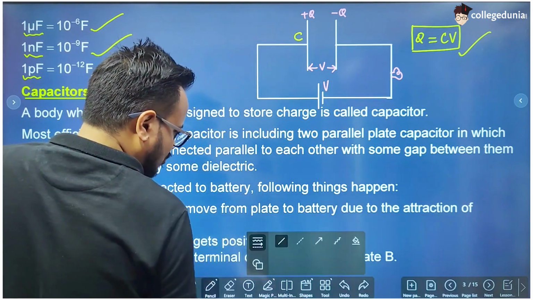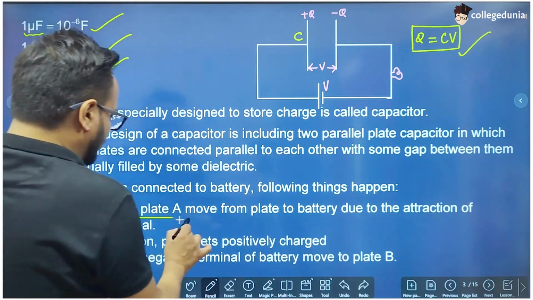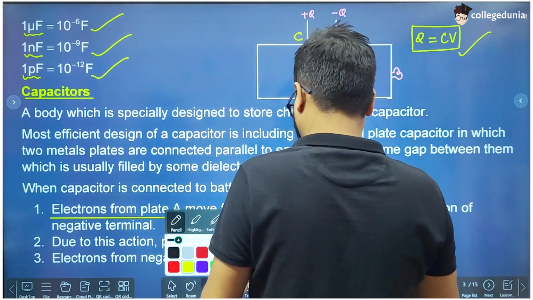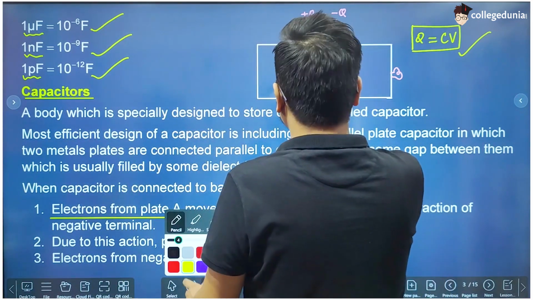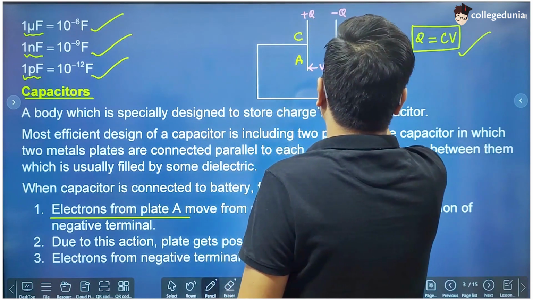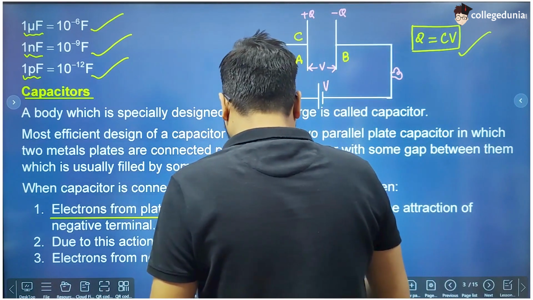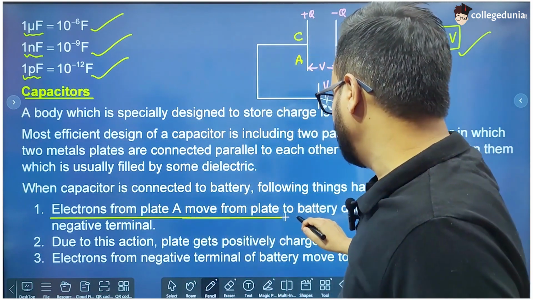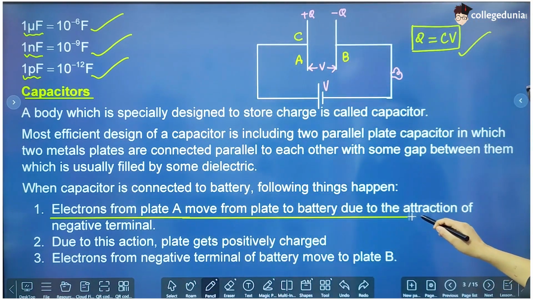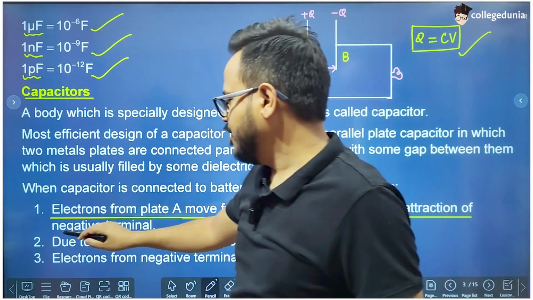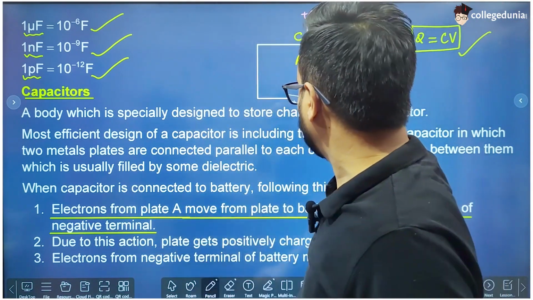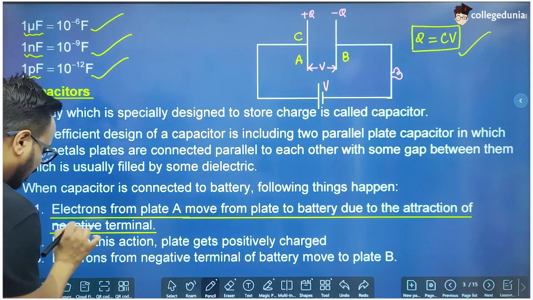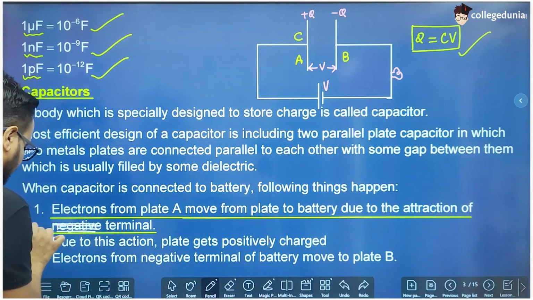So let us quickly revise this whole process. Electrons from plate A, where is the plate A? This is the plate A and this is plate B, right? So electrons from plate A move to the battery due to attraction of the positive terminal.